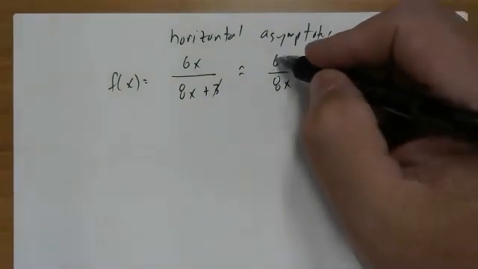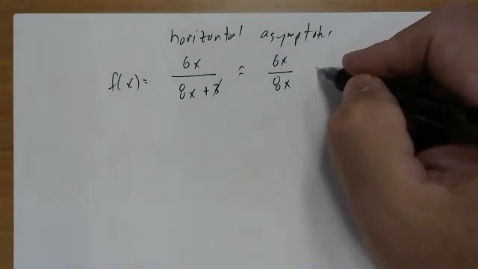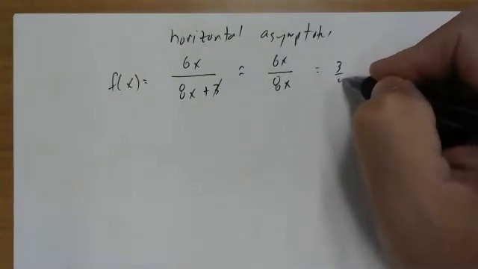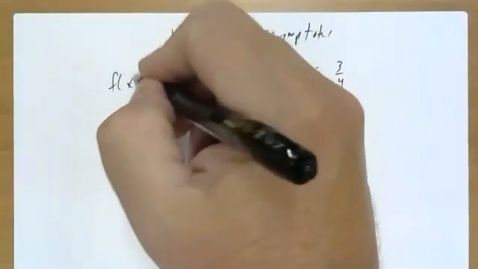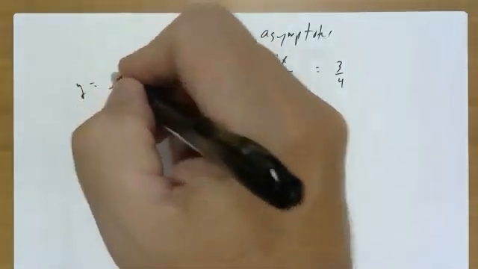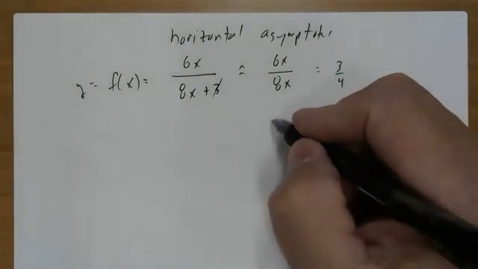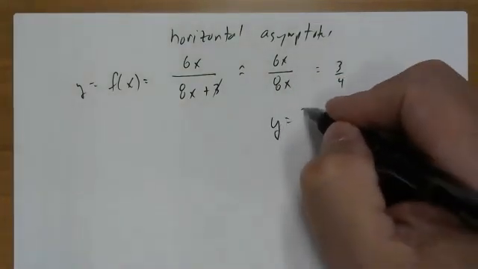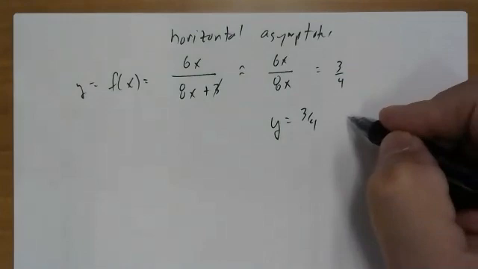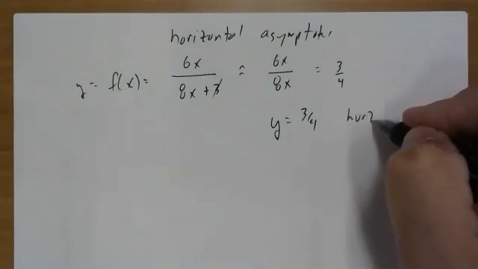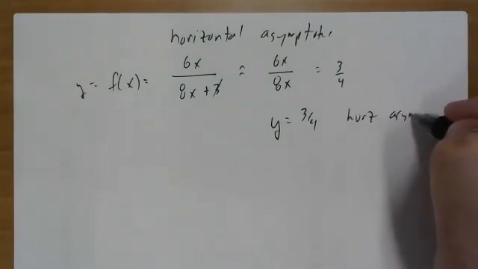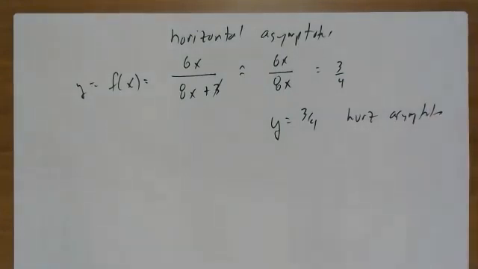X's cancel. 6/8 get reduced to 3/4. If we want to, we can think of y: y and f of x are the same. So basically, y equals 3/4 is the horizontal asymptote.